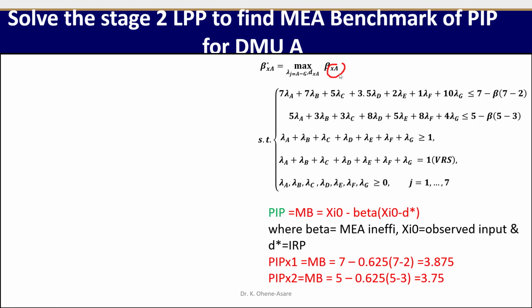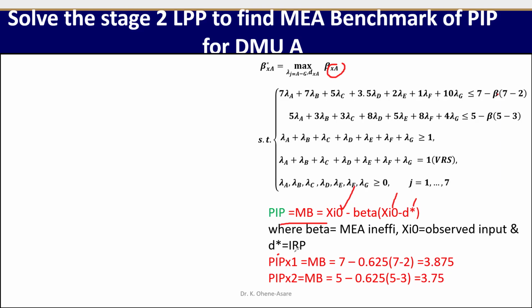So you are determining the inefficiencies along the line. By the way, this beta here is the inefficiency. So this inefficiency term is telling you by how much the inputs were increased that they shouldn't have been increased. Okay, so the potential improvement point here is the actual minus the beta. The beta is what you see here. And then the actual input minus the IRP, or the ideal reference point.